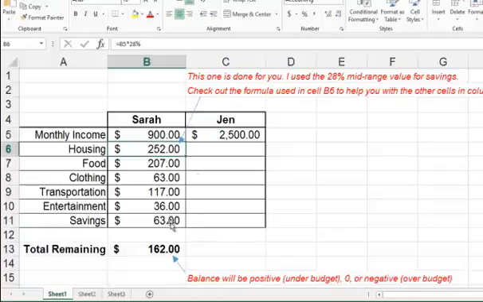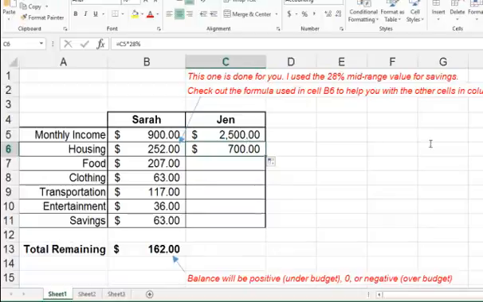But because it's a spreadsheet, we don't have to sit there and type all the formulas in. Just watch this. You go to a formula like this, you go to the corner like I'm doing right now, see how it changes into a plus sign? You drag it across. Automatically we know that 28% of Jen's money that she earns is $700. She has a lot more money to use for housing.